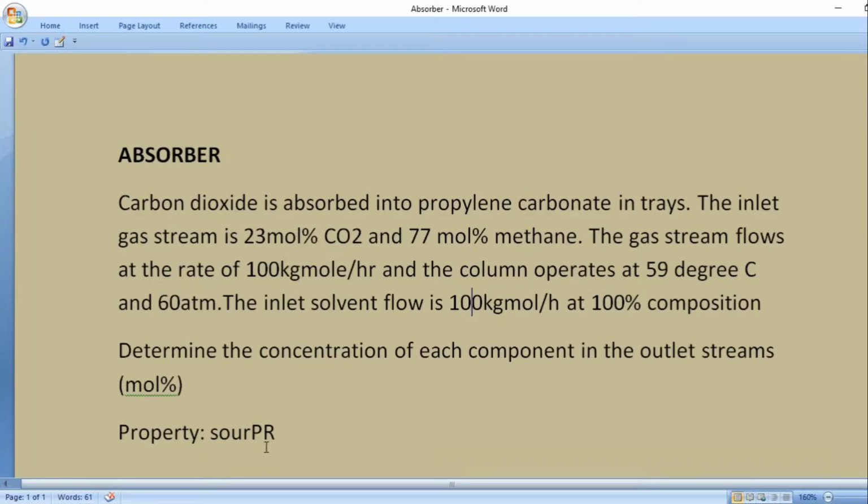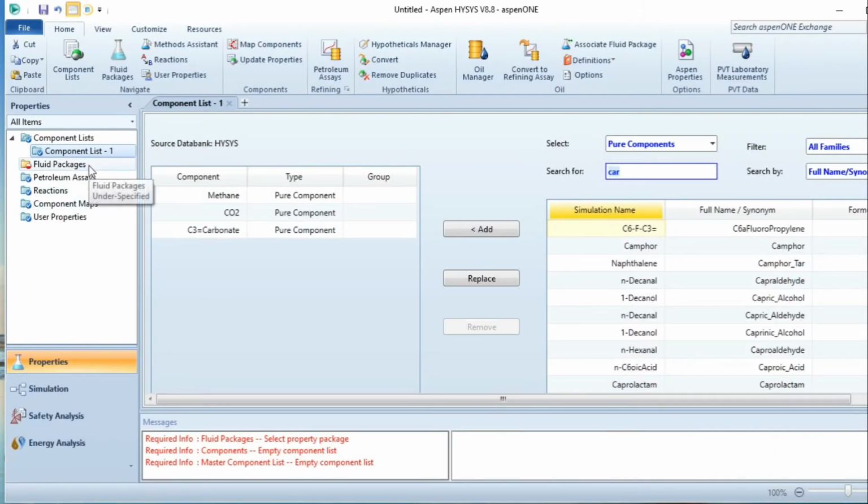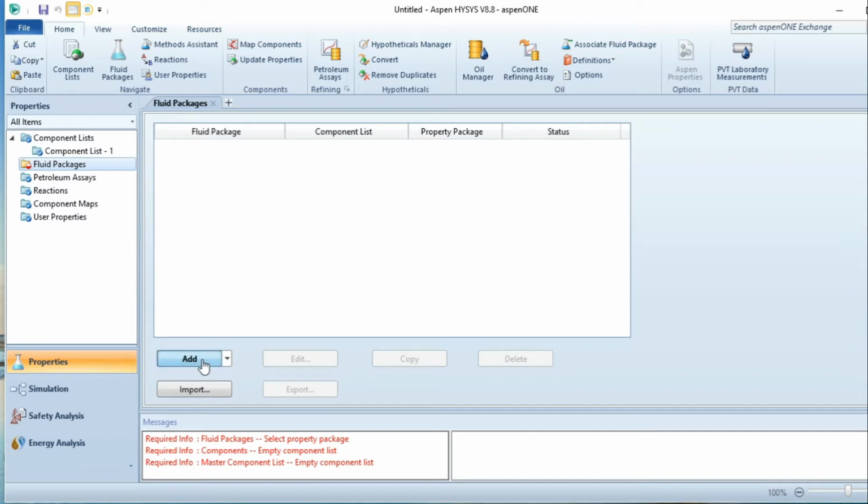The property package to be used is PR. So let's add our fluid package, that is the equation of state.